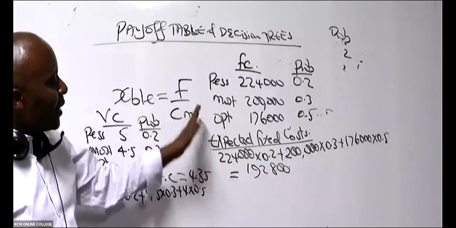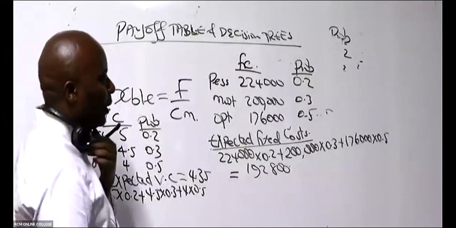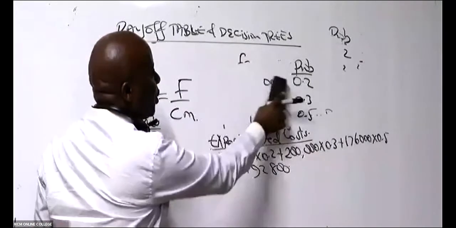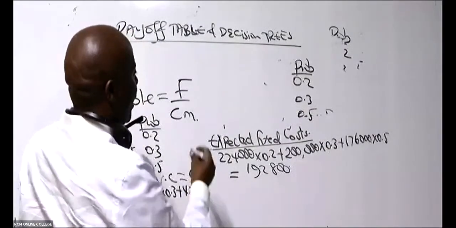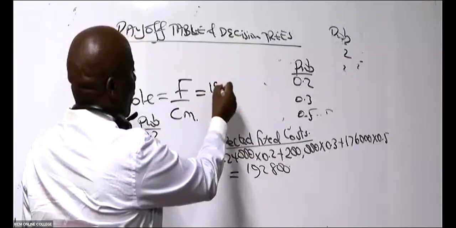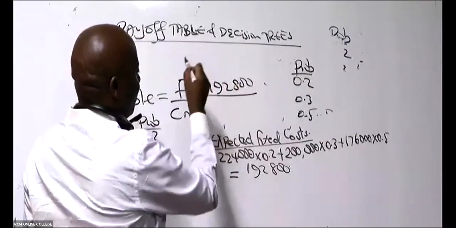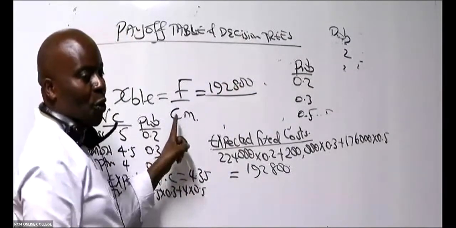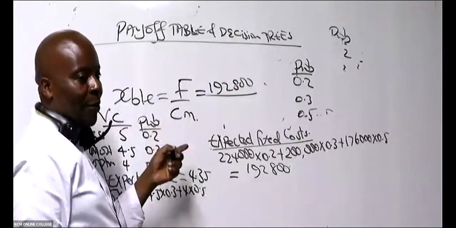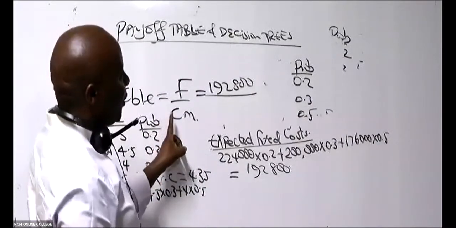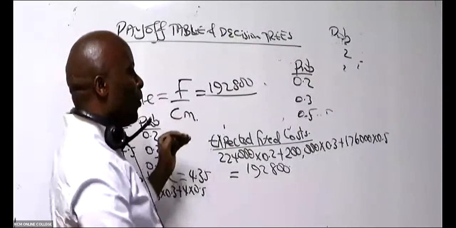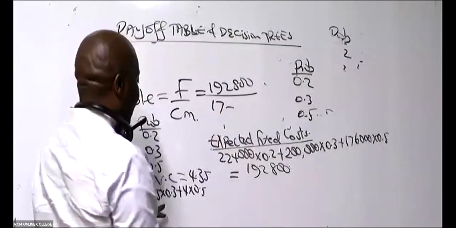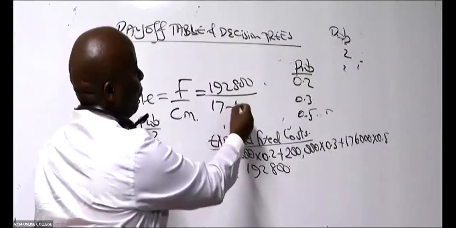Then now I can answer this question very comfortably, because I know that the fixed cost here is 192,800 divided by CM. CM is price minus variable cost. What is the selling price here? It is the price that you have recommended above, which is 17 minus this 4.35.